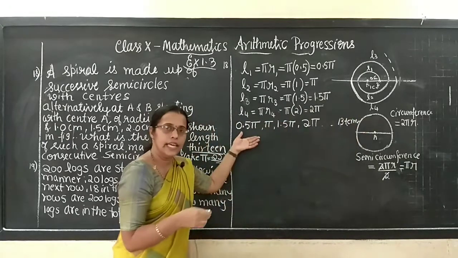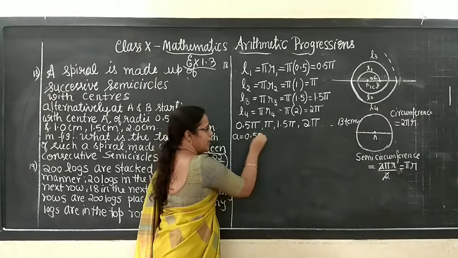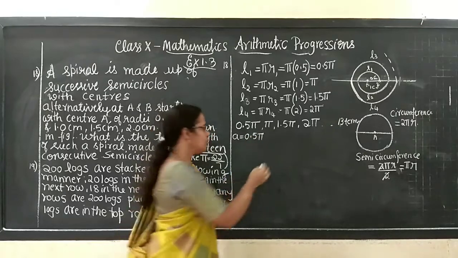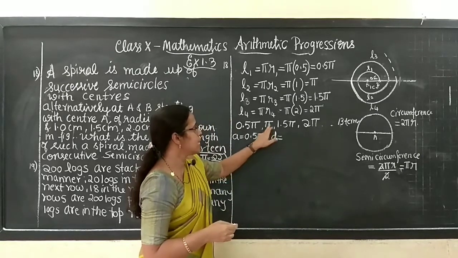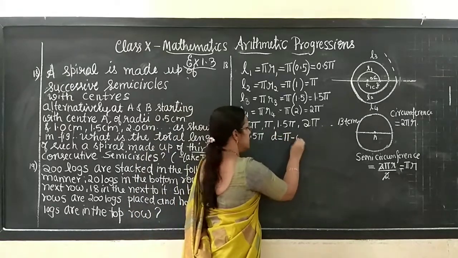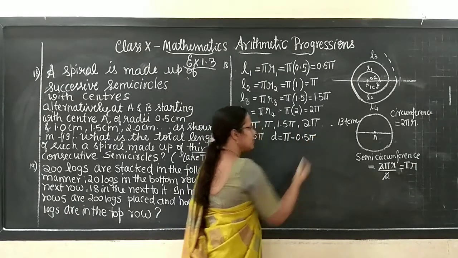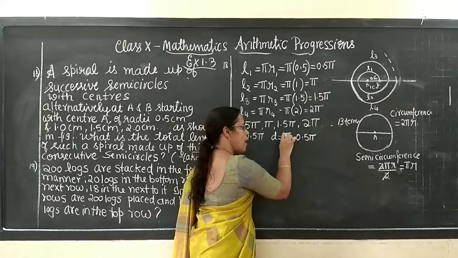Now let us see what is given in the problem. a is 0.5 pi. What is the common difference? That is nothing but second term minus first term, pi minus 0.5 pi. So 1 pi minus 0.5 pi.